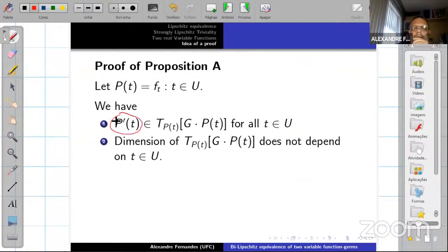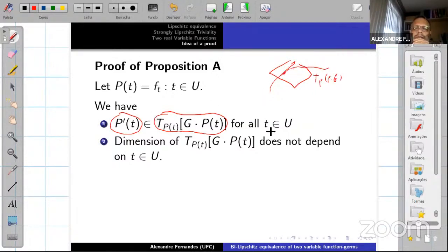The derivative of the path, the velocity of the path, belongs to the tangent space of the orbit at the point. This is by hypothesis of our proposition. The derivative belongs to the tangent space of the orbit, for all the points along the path.